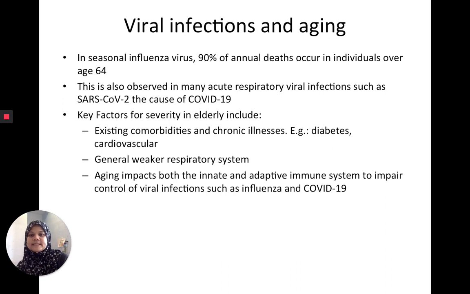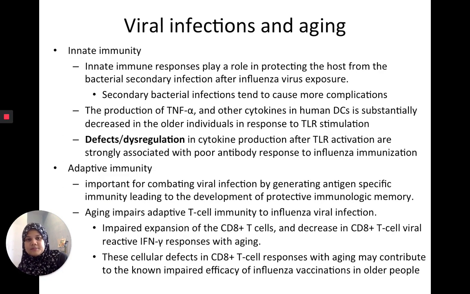So yeah, comorbidities, or generally you have a weaker respiratory system, and also because just being older usually impacts your innate and adaptive immune system. I'm not going to go into a lot of detail of this, you can read it, but in general you have certain impacts on innate immunity and adaptive immunity as you age. And there's some data about this.